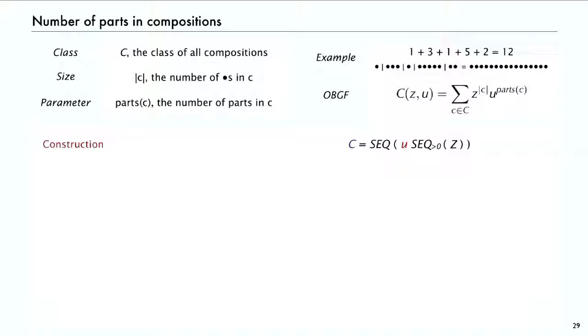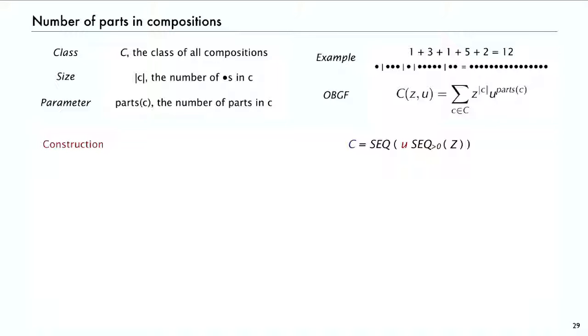We're going to use our same construction that we used before. A composition is a sequence of integers. An integer is a sequence of objects, but not including the empty one. So for every integer, we just want to mark that with u. So that's the construction.